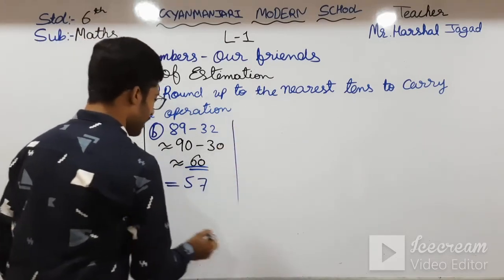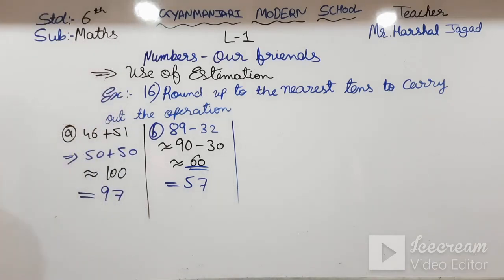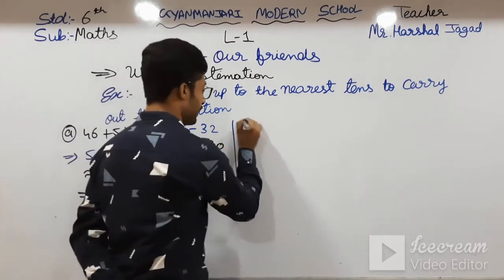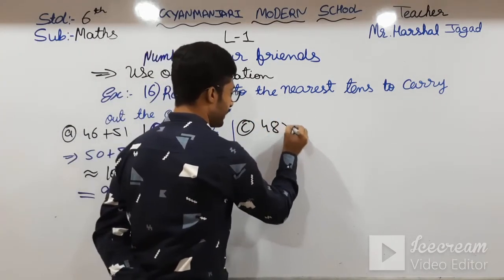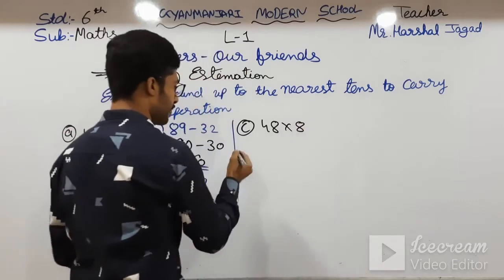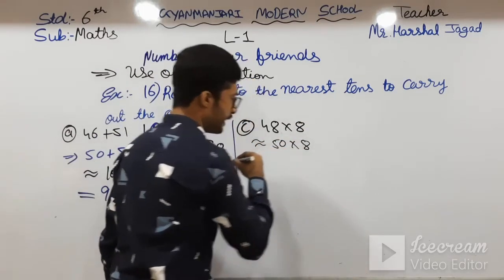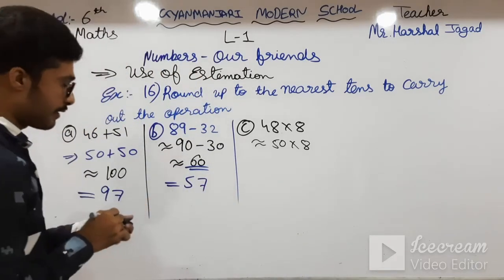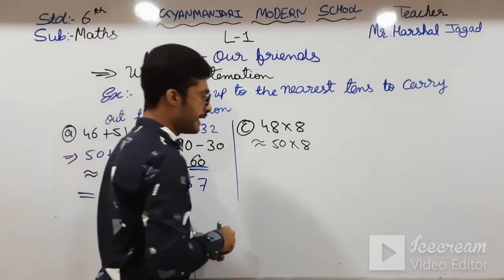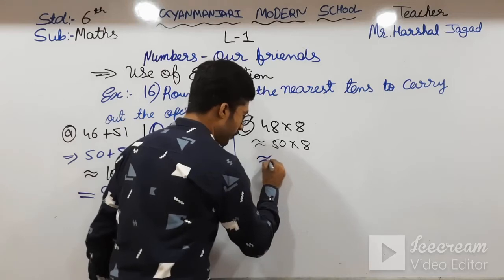Okay students, and the next question is C, that is 48 into 8. In this you can write approximately 50 into 8. Okay students, that is 5 8s are 40.